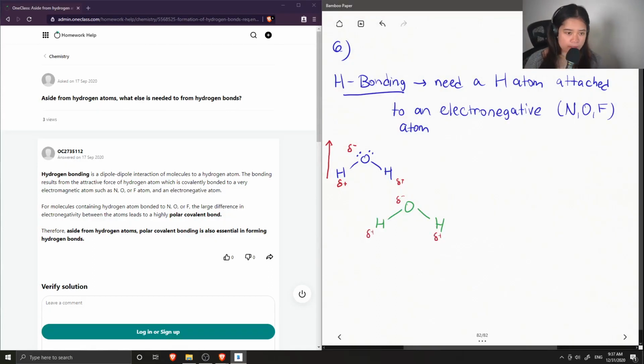And hydrogen bonding is actually the attractive force that these partially charged atoms feel. So that partially positive charge on the hydrogen will be attracted to the partially negative charge of oxygen on a different water molecule.